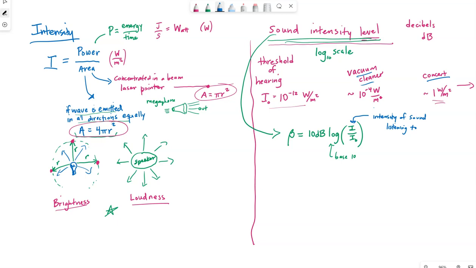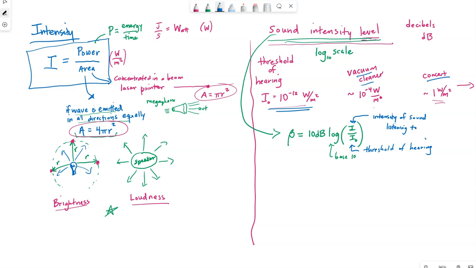That's directly related to the actual energy of the wave, how fast that energy is transferring from one form to another, and how the wave itself is spreading over the area it covers. I naught is this threshold of hearing. So in the denominator, we always put the 10 to the negative 12.